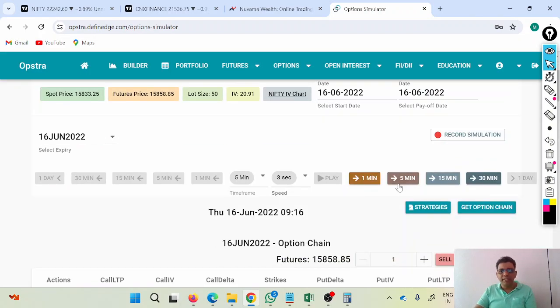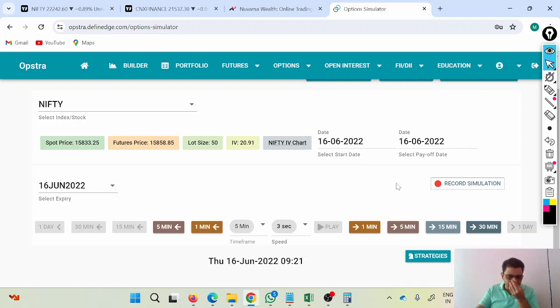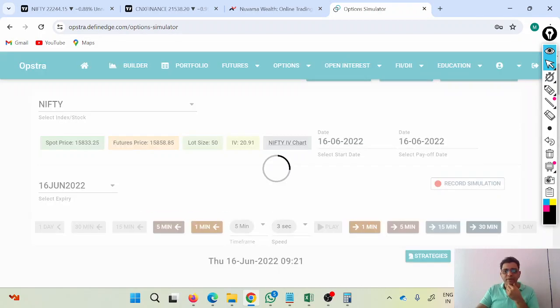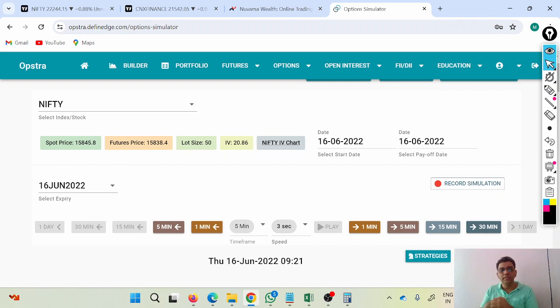I will go 5 minutes later, so I will start my trade somewhere at 9:20. I will select get option chain. Currently the spot price is 15,845.